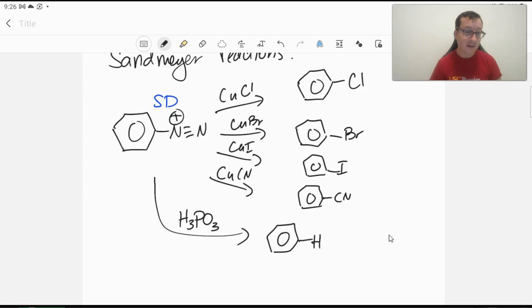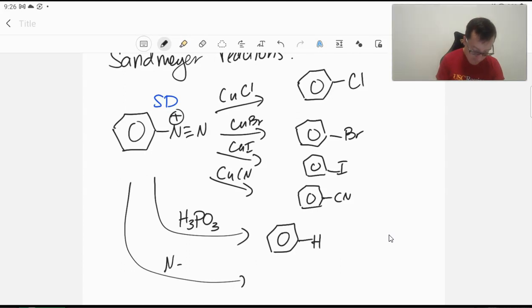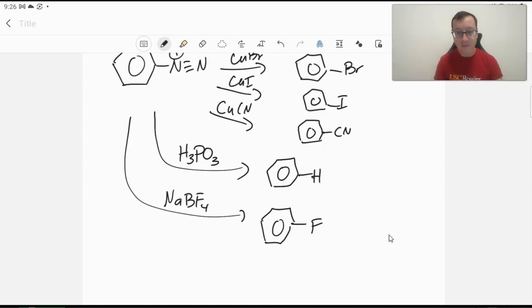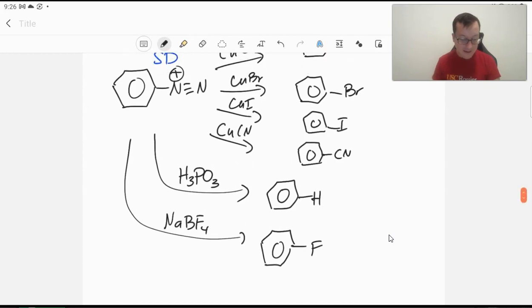So we can convert it to a diazonium salt using sodium nitrite and HCl, and then from there we can do all sorts of fun stuff. Let's see. We can use this little dude to put fluorine on, if we were so inclined. So fluorine we could put on with NAS, but this would be a way to do it if we didn't have a different leaving group or something, or the incorrect place of putting.